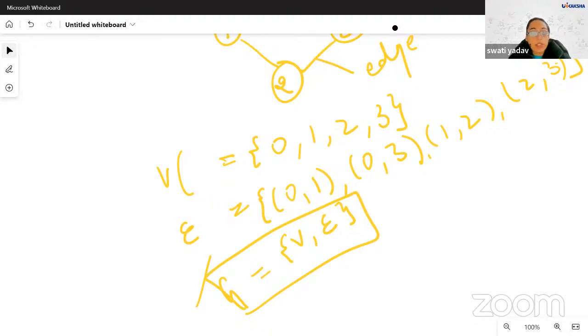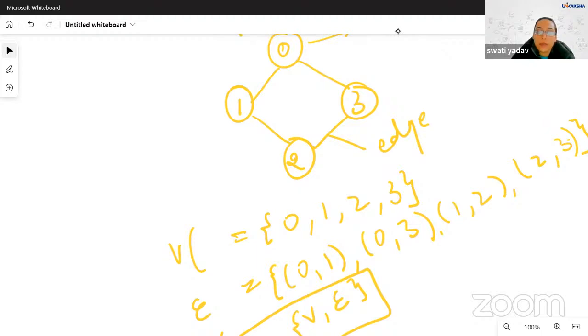The basic terminology we've already discussed. We know what a vertex is. We know what an edge is, right? So edges in your graph are just the lines that connect two vertices together. Over here, as you can see, 0 and 1 are connected with this particular line. So this is our edge, and so on. Now, edges can be represented in the form of multi-dimensional arrays, 2D arrays.